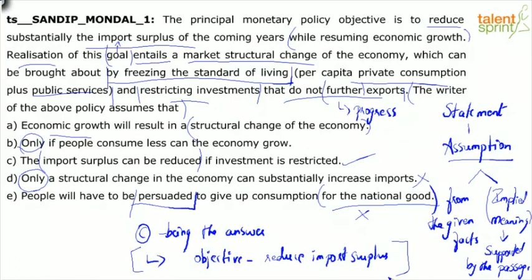So, your assumption will be safe if the context can support your option. That's why, no matter what anybody says, I always look for what is supported from the context. So, that's why I'm going with C. Various sources can have various answers. I'm just logically basing it on my understanding of the context.